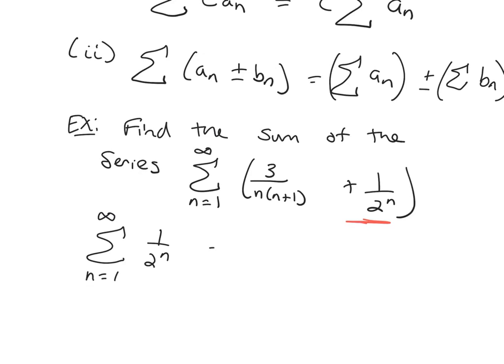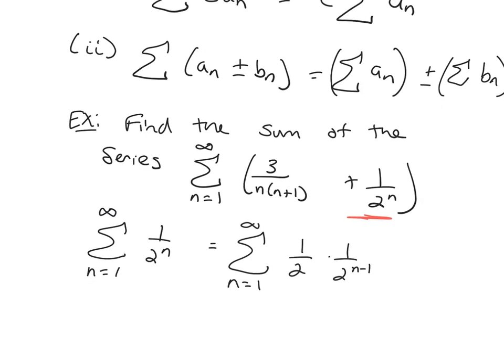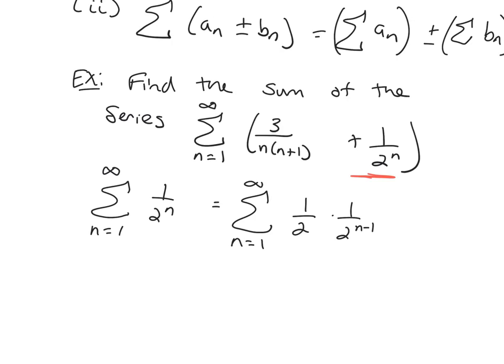So you can rewrite this as 1 over 2 times 1 over 2 to the n minus 1. We see now that it's a geometric series.